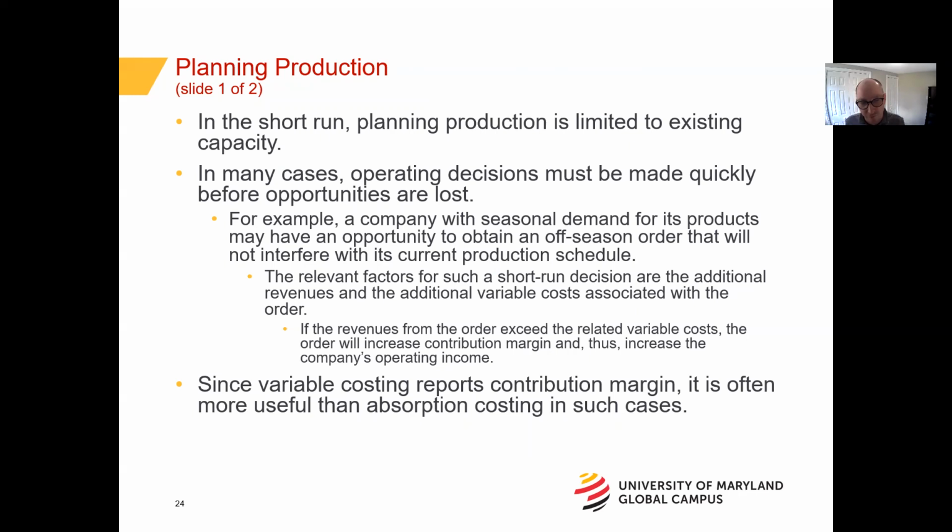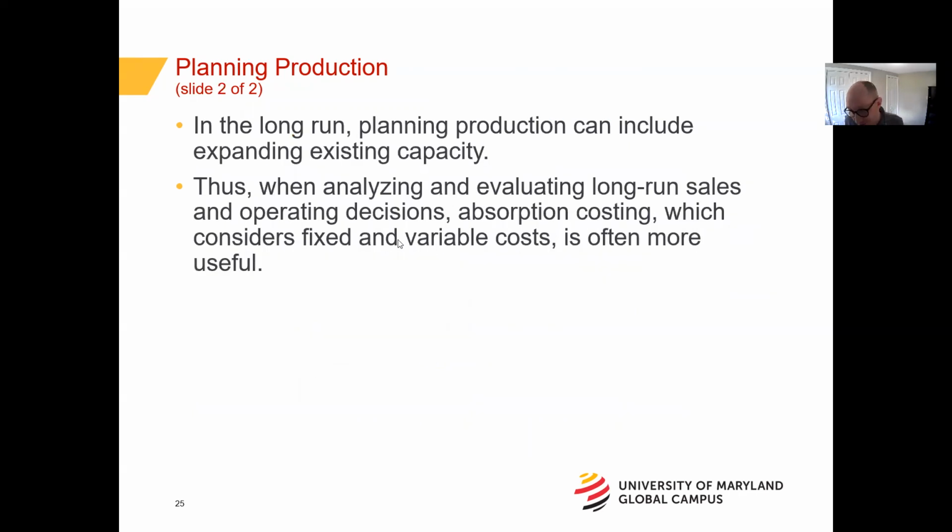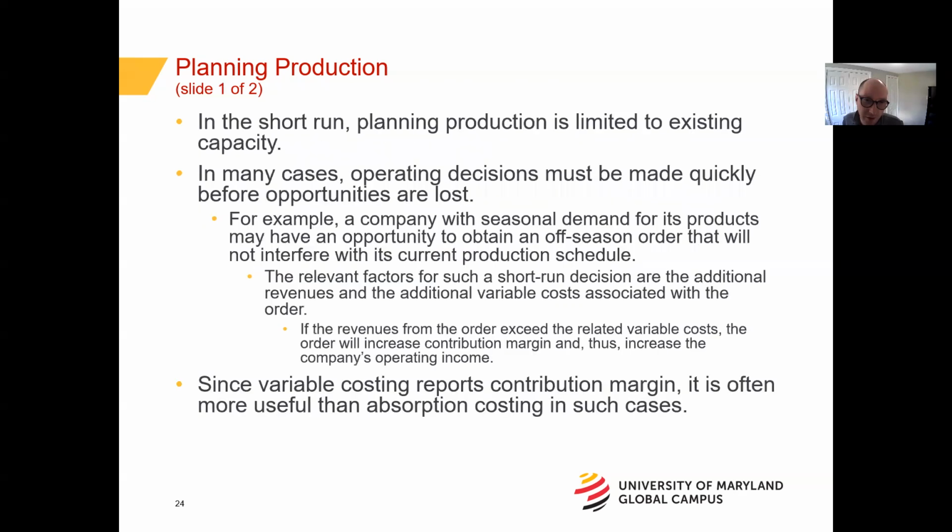And for reporting, since variable costing takes into consideration contribution margin, absorption costing is most commonly used when management plans for production, because we don't want to take into consideration the margin, yes? And of course, this information helps us to plan for future capacity.